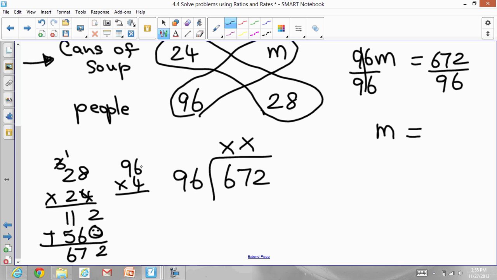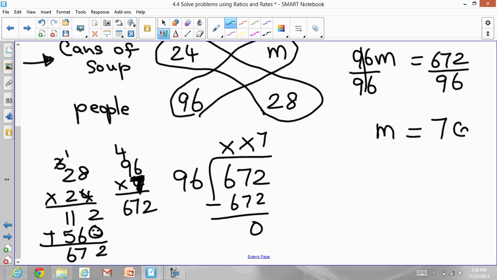So let's see. 96 times 7. Let's try 96 times 7. 7 times 6 is 42. 9 times 7 is 63. 63 plus 4, 67. So that'll be 7. Don't just give me 7. Go back over here and refer what the M stands for. So 7 cans of soup is what is needed if you were to feed 28 people.